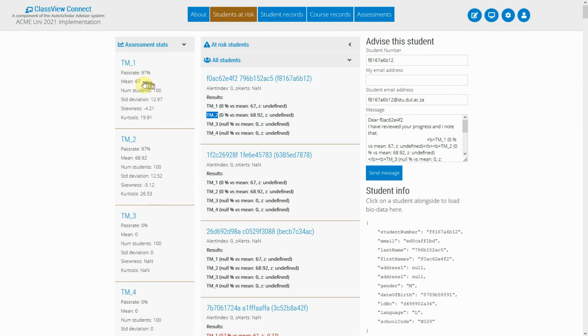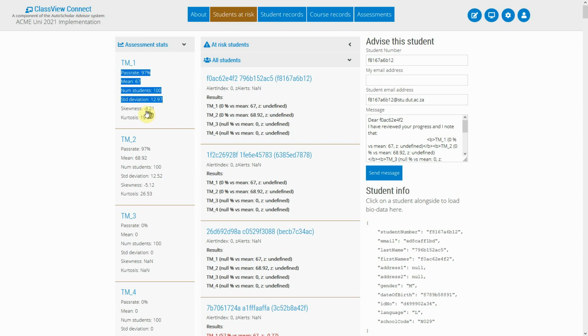You can see the pass rate, the mean, the number of students, and the standard deviation. And I guess these basic statistics are pretty well known. You also have the skewness and the kurtosis. So the skewness tells you how far, well, both those tell us how far the distribution of marks in this assessment deviates from the normal distribution.